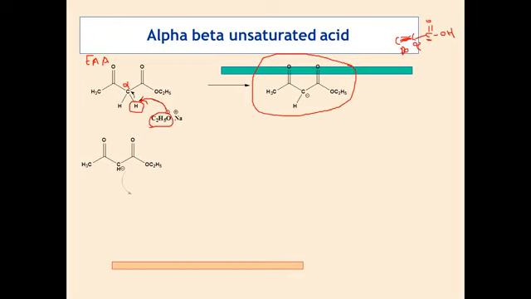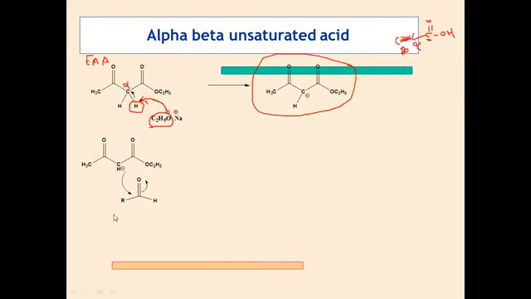Now that reacts with a carbonyl compound, that is an aldehyde or ketone. But we want to synthesize an alpha beta unsaturated acid, so you can use here a simple aldehyde or an aromatic aldehyde. If R is an alkyl group, then this one is a simple aldehyde.